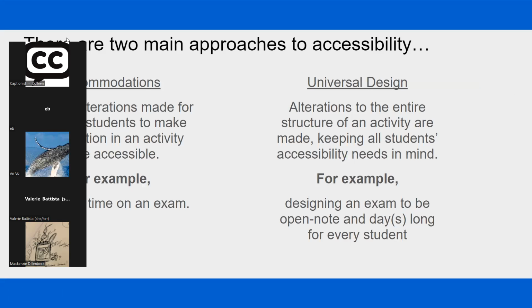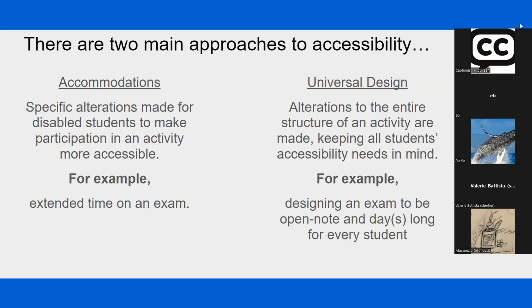In a more academic sense, what does this look like? So as a definition, accommodations are specific alterations made for disabled students to make participation in an activity more accessible. For example, in the more academic sense, it's extended time on an exam.